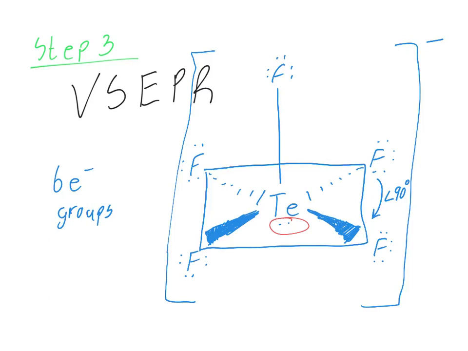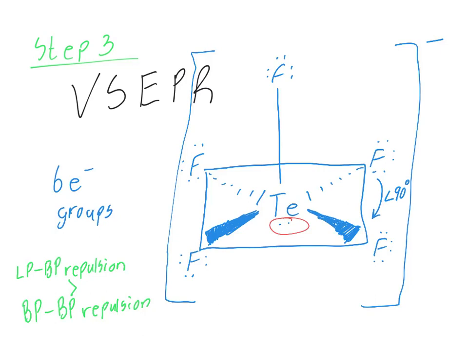And the reason why it repels is because, we also have to write this in, lone pair and bonding pair repulsion is greater than bonding pair to bonding pair repulsion.